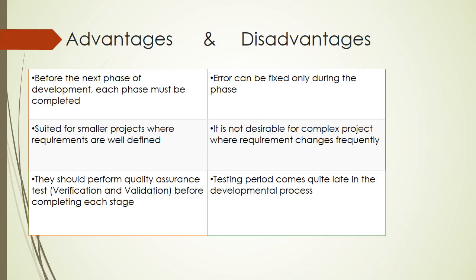And the testing period comes quite late in the development process, right? If a project takes 2 months, the testing stage is probably done in like the 8th week, the last week of the second month, because of how much time is put into each phase before it is complete.